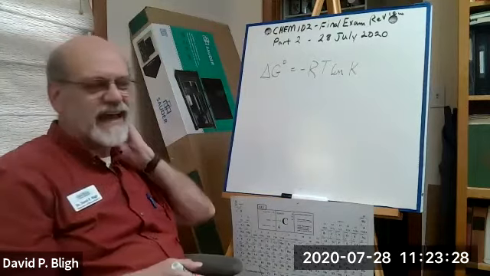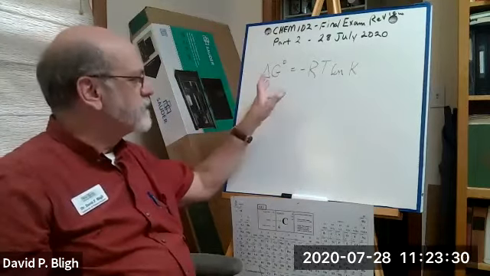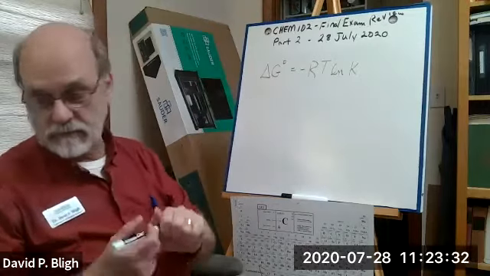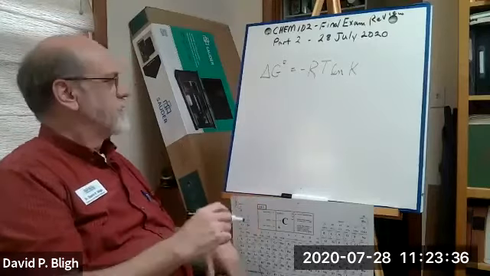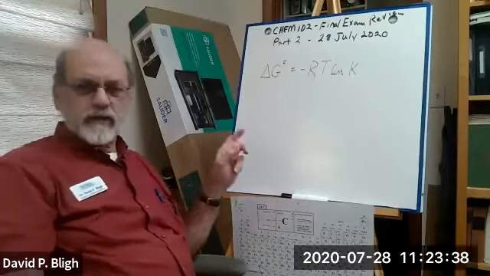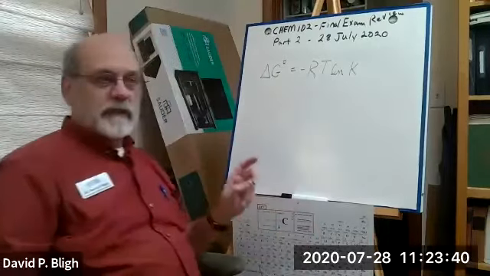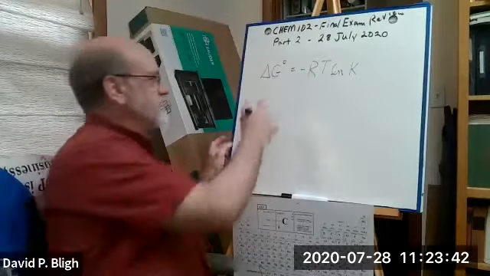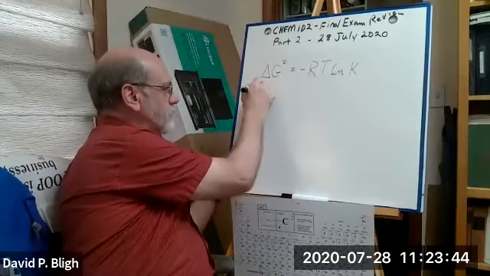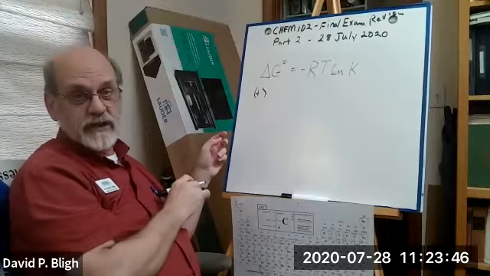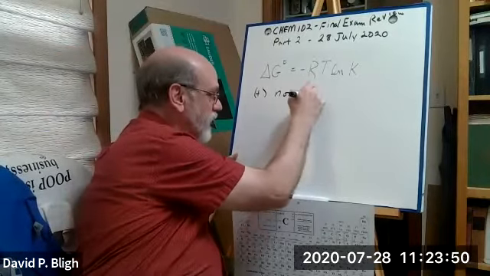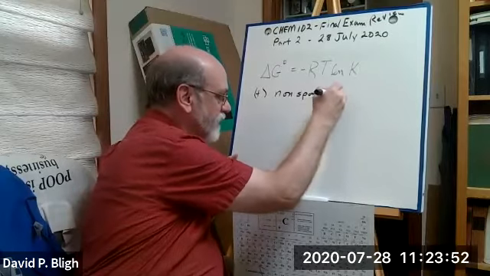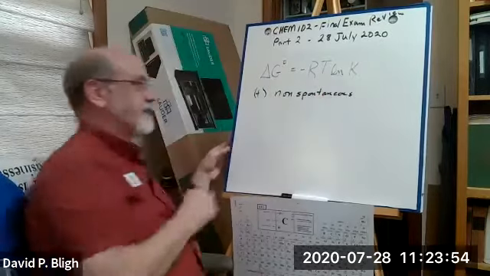What happens to K as delta G changes? Well, let's look at it this way. What does a positive delta G mean? A positive delta G means non-spontaneous. Right?